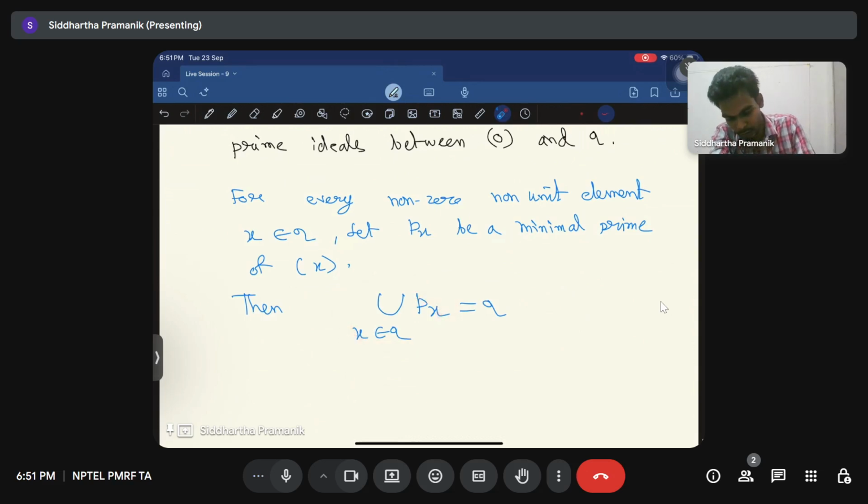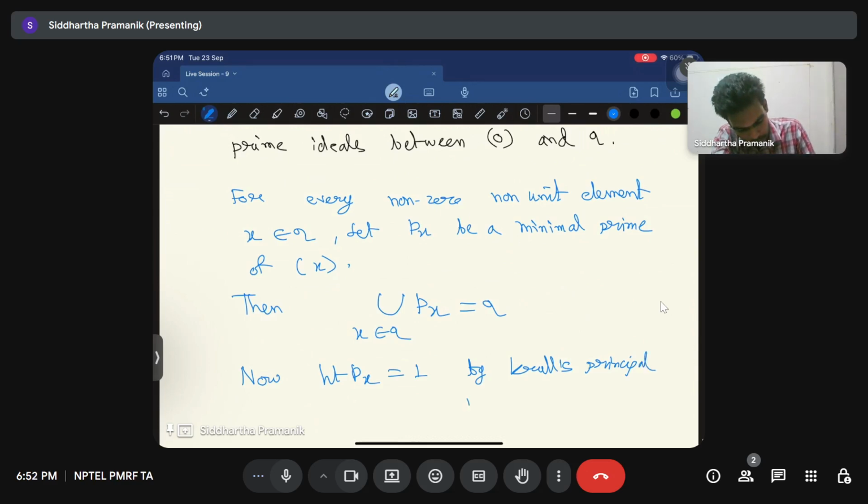But this has to be a finite union. Okay, let me write. Now the height of Px is equal to 1. This is by Krull's principal ideal theorem.